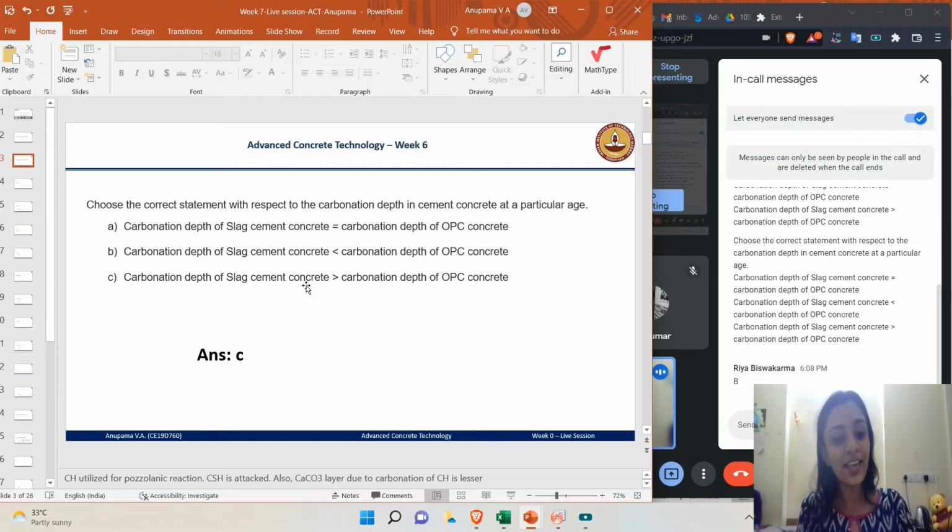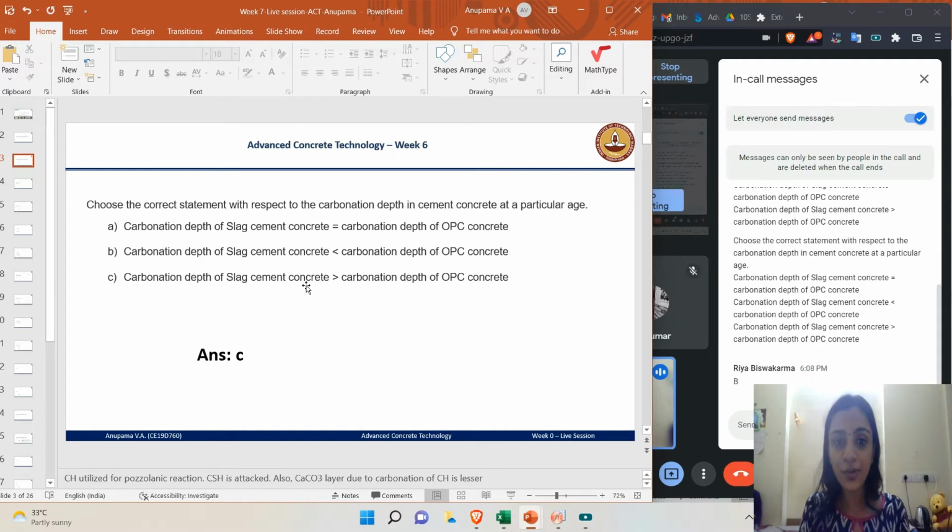Instead, it will attack the calcium silicate hydrate. So the calcium carbonate will be formed towards the inner layer, and there won't be much calcium hydroxide to prevent further carbonation. In the case of OPC concrete, the portlandite or calcium hydroxide is still there, as it is not utilized for the pozzolanic reaction.